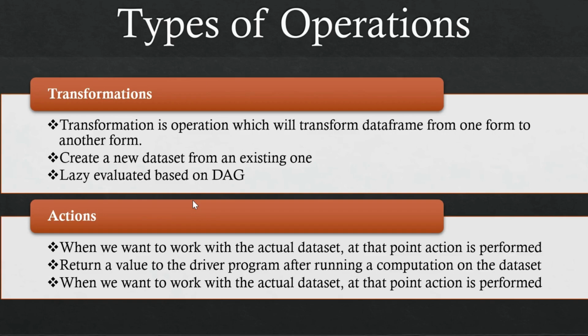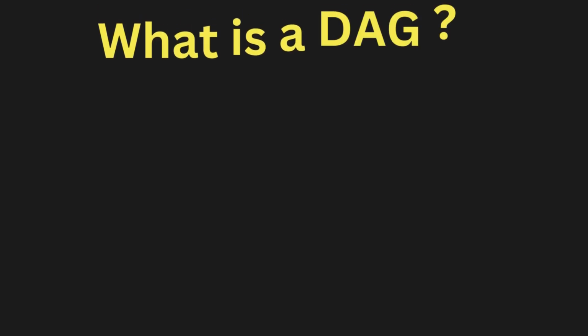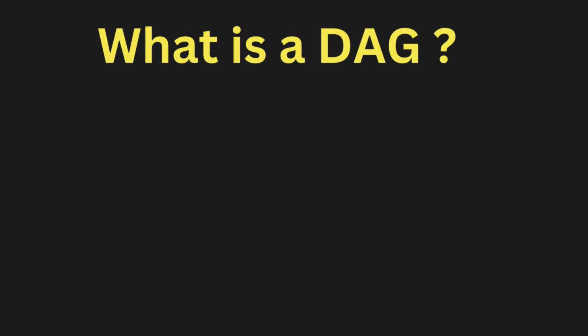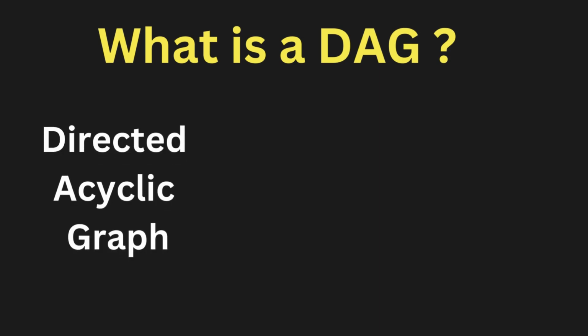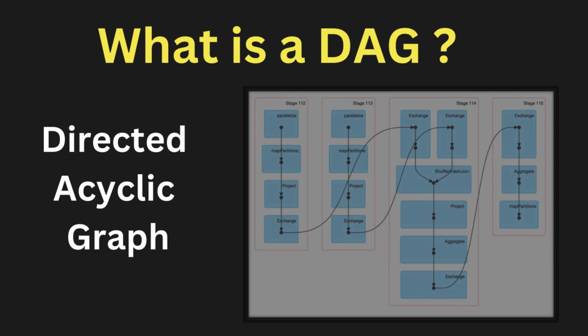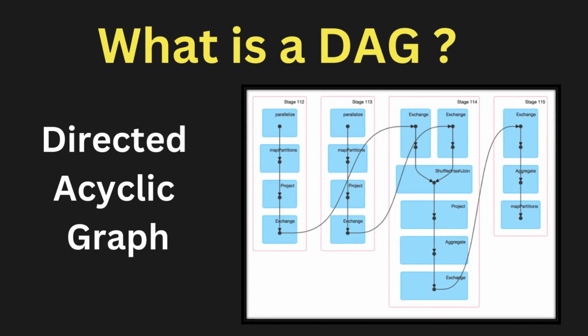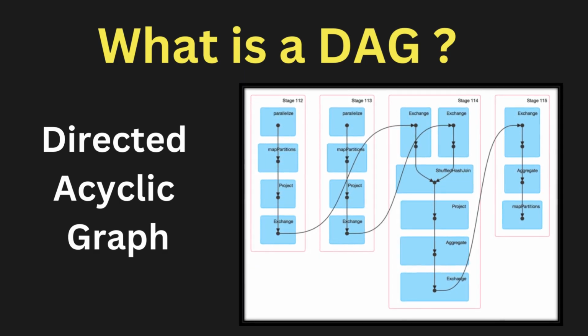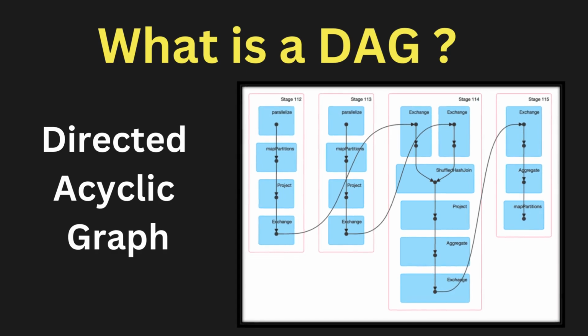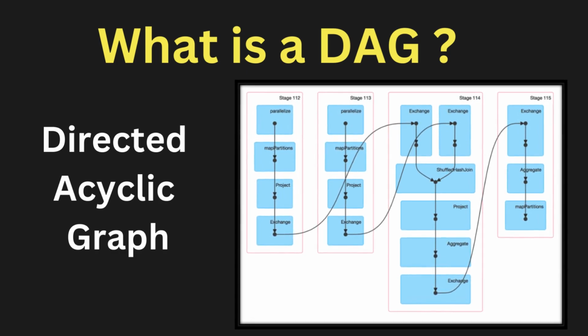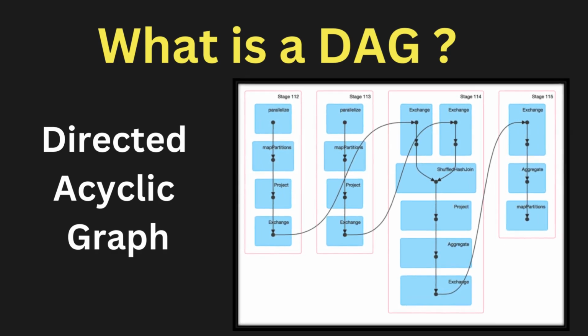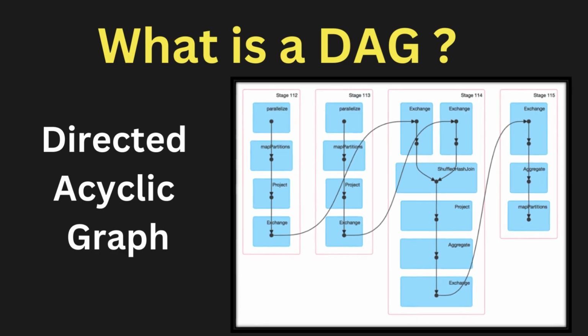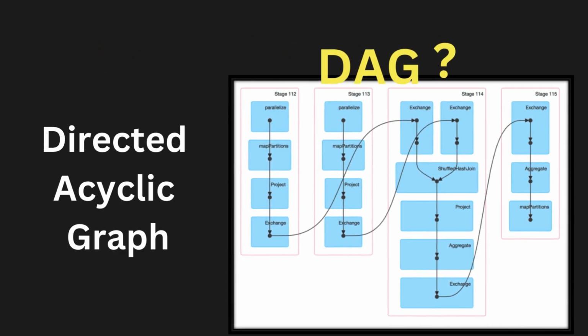And it is lazily evaluated based on a DAG. What is a DAG? DAG is a directed acyclic graph. So whenever a transformation is present, it is going to create a graph in which all the operations are mentioned, and once a particular action is called, then it is evaluated.